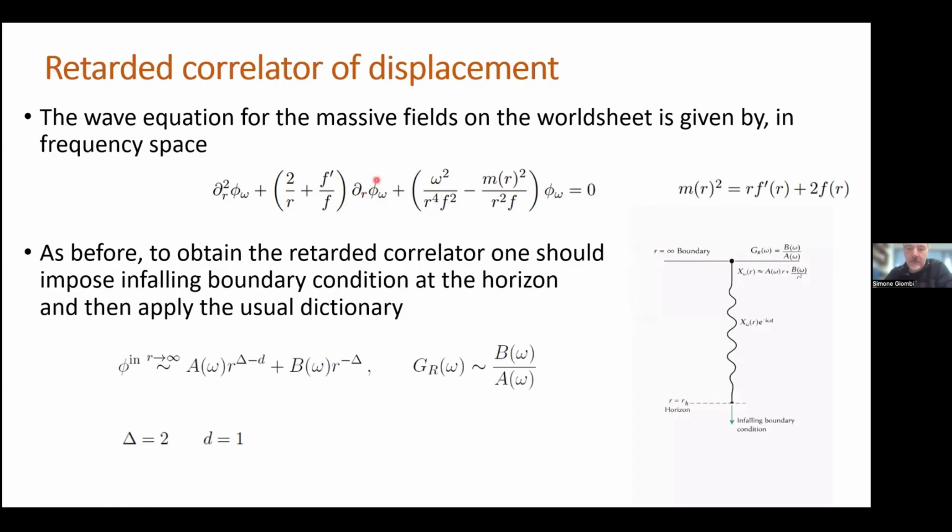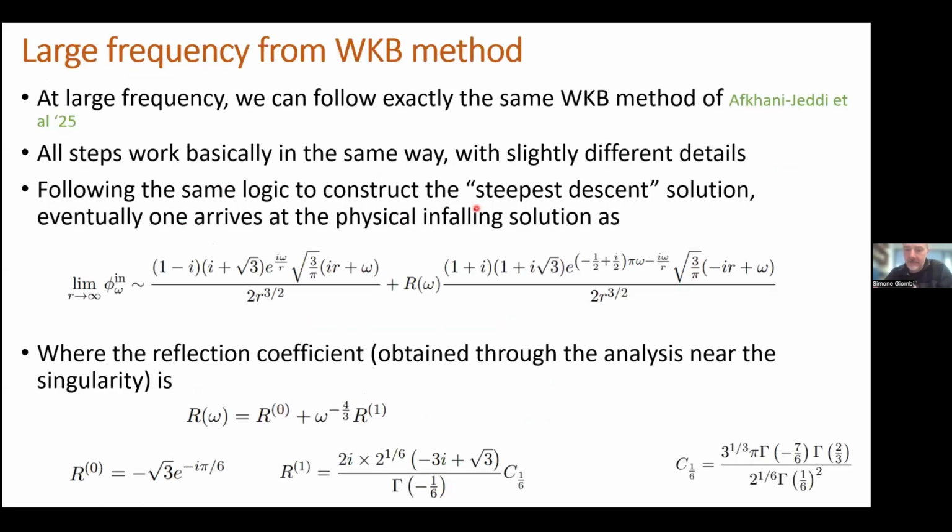But if you do a WKB approximation here, the leading term will still be controlled by the time shift of null geodesics in this space. But the null geodesics in this space are just the null geodesics along the radial direction, which are the same kind of null geodesics that appear in the analysis of the bulk scalar fields that I reviewed before.